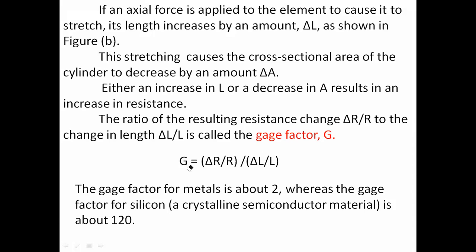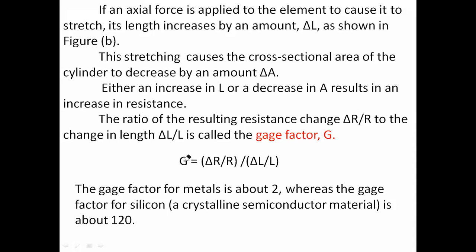The material which produces a large variation of the resistance for a small change of the length gives a higher gauge factor. Then we can easily measure. So any material having a higher gauge factor is preferable.